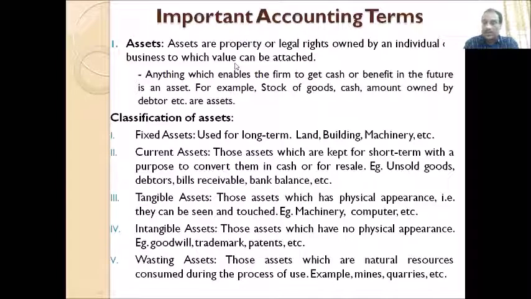We can't see them. Then there are wasting assets, those assets which are natural resources consumed during the process of use. So these are the kind of assets which are natural resources and their services are consumed during the process of conversion or use, like mines, quarries.